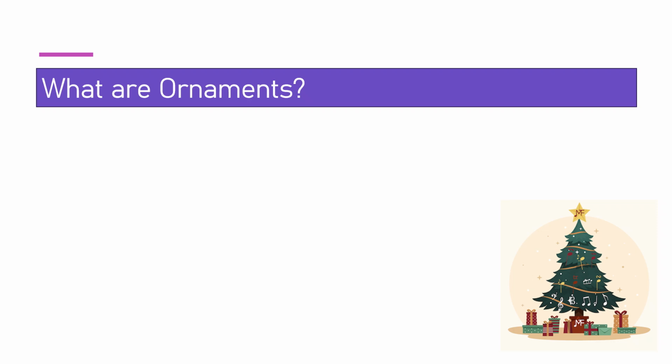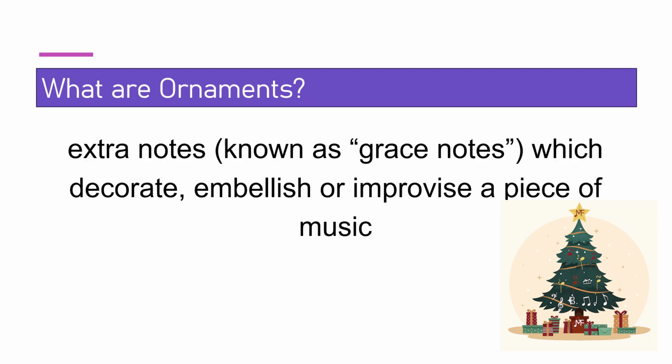When we talk about ornaments, what is the simple definition for ornament in music? Remember, we're only going to limit ourselves to what we should be expected to know in grade 4 for the purpose of our rudiments of music exams. Ornaments are extra notes, or what we also call grace notes, which are used to decorate, embellish, or improvise a piece of music.